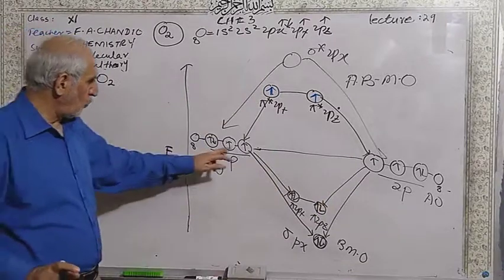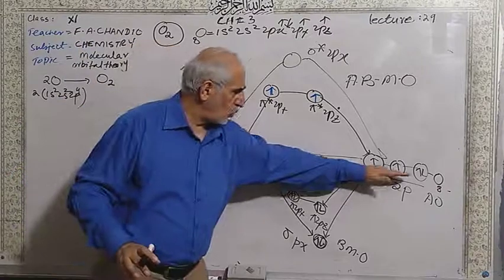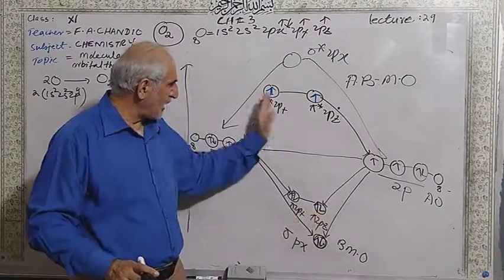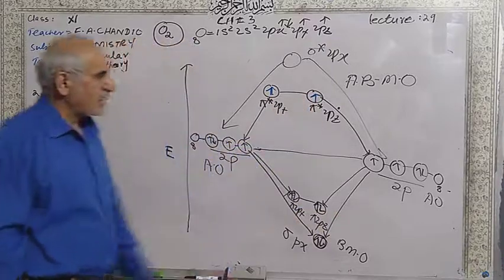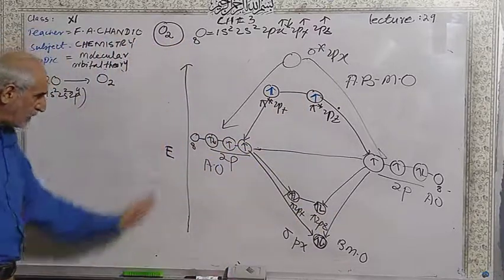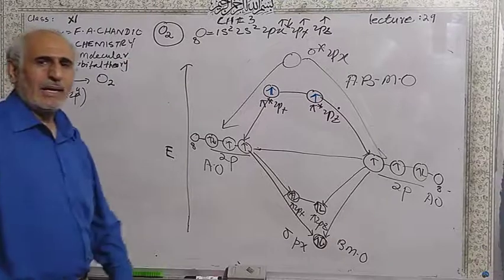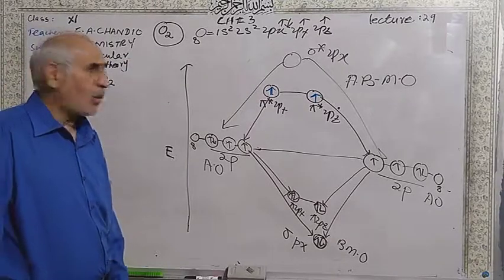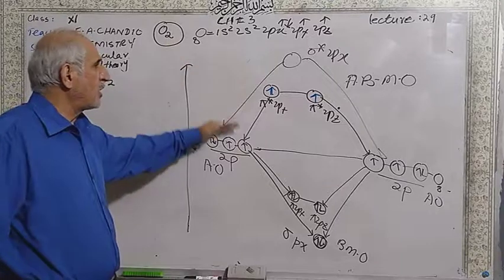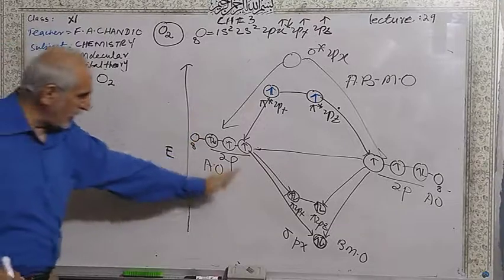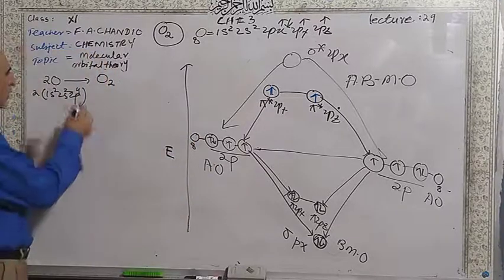So 2, 4, total 8, 2, 4, 6 and 2, 8. This is the electronic configuration and this is the whole energy level diagram of the oxygen molecule. According to this electronic configuration, we have to proceed now.